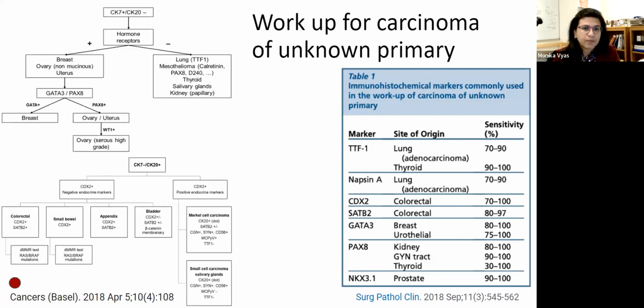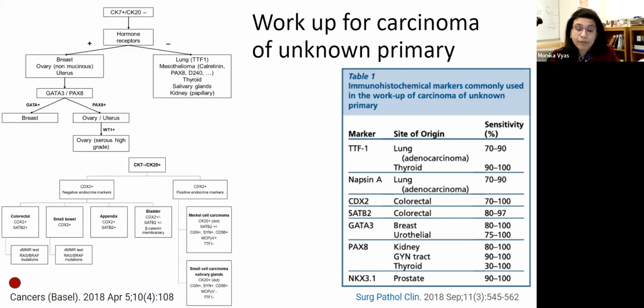So CK7 positive tumors can be worked up more towards breast and GYN origin. GATA3 in these cases would point to breast, whereas PAX8 positivity would point to a Mullerian origin, either ovarian or uterine. And CK7 positivity with negative hormone receptors, in conjunction with TTF1 or napsin, would point to lung origin.